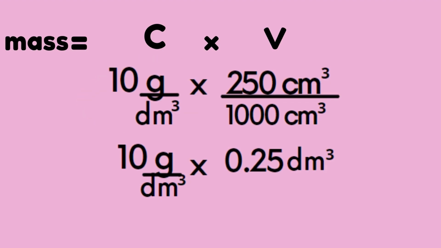Substitute the given. Isulat ang value ni concentration, which is 10 grams per cubic decimeter. Next, ang value naman ni volume, which is 250 cubic centimeter. Mapapansin nyo, may over 1,000 cubic centimeter.